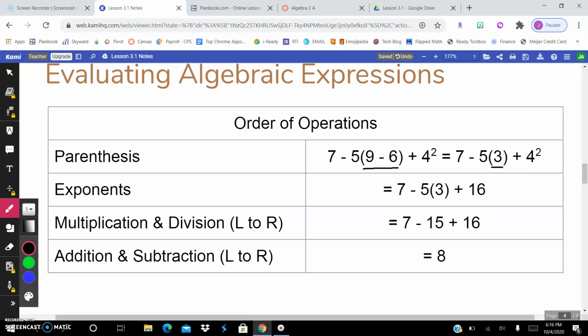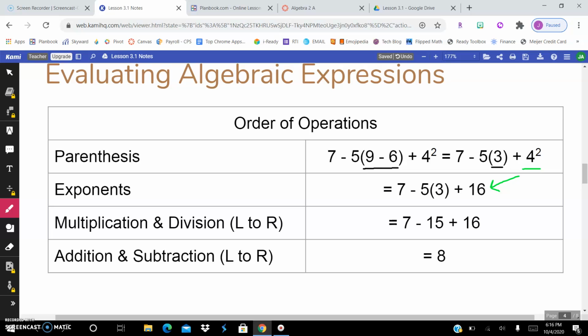Then next is exponents. So the only thing that had to be done with an exponent was the 4 squared that got turned into this 16. Then we have multiplication and division, and you have to do those in left to right order.